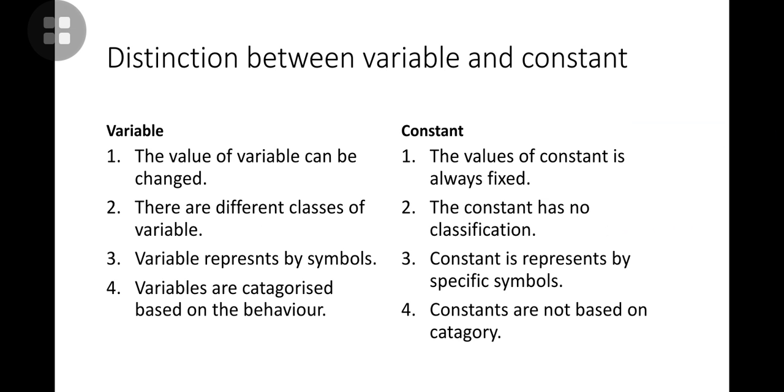In case of variables, there are different classes of variable, but on the other side, a constant has no classification. Variables are represented by symbols, constants are represented by specific symbols. Variables are categorized based on behavior, and constants are not categorized.